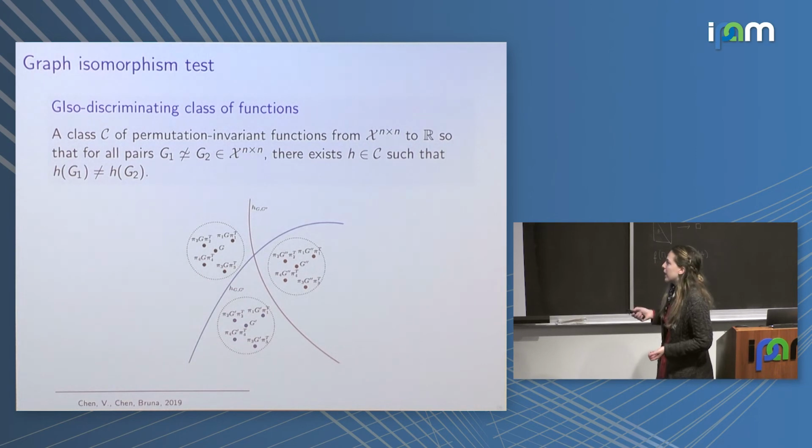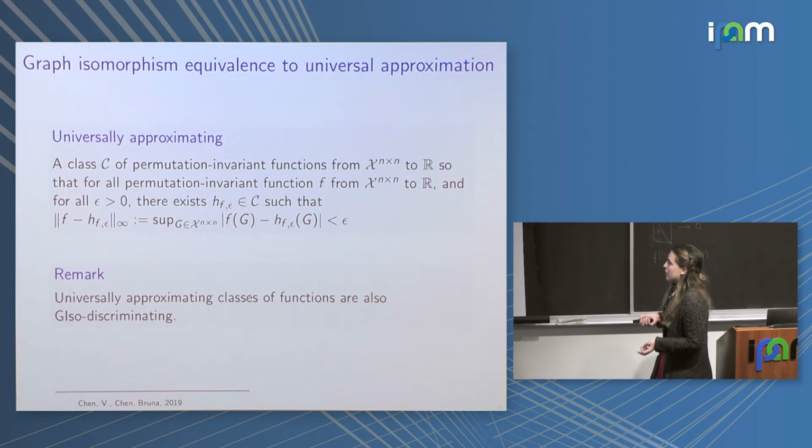And so we can say that a class of functions is discriminating for the graph isomorphism problem if, given 2 non-isomorphic graphs, there exists a function in your class of invariant functions that has a different value for these 2 non-isomorphic graphs. So your class of functions can solve the graph isomorphism problem. If you can universally approximate the space of invariant functions, then of course you can solve the graph isomorphism problem.